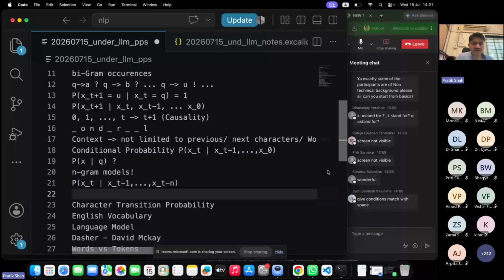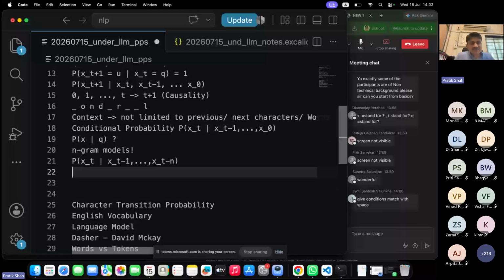So I have n previous alphabets, and I want to predict the next one. This is called an n-gram model. Now at xt, you might have 26 different possibilities to choose from. The one which this model would pick for you is the one which has the highest probability value, correct?